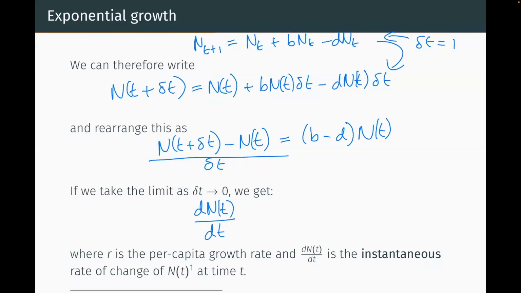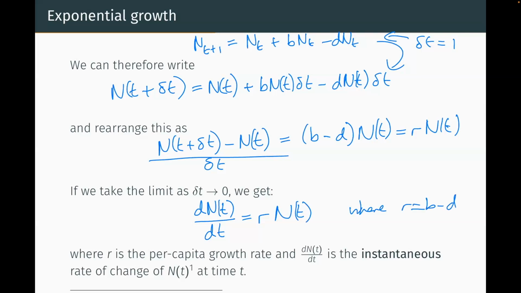Now we have dN(t) with respect to t, dN/dt, is going to equal what? Well, in fact, I'm going to write this line up here as r times N(t). So this is equal to rN(t), where r is equal to b minus d.